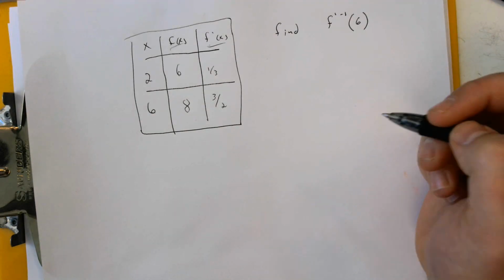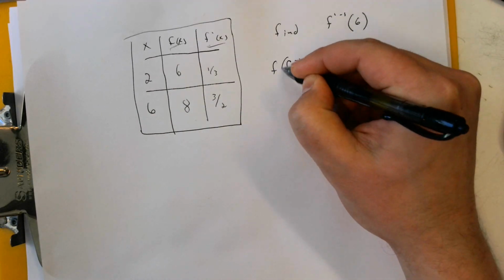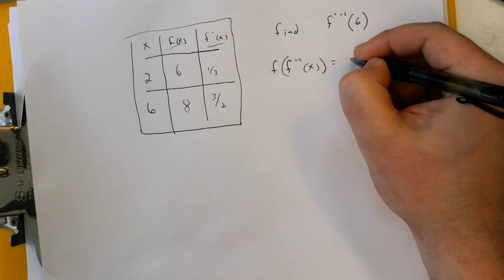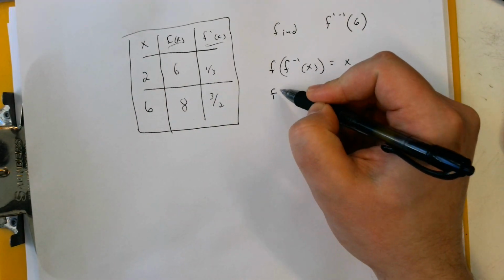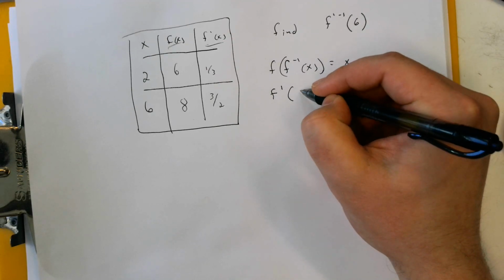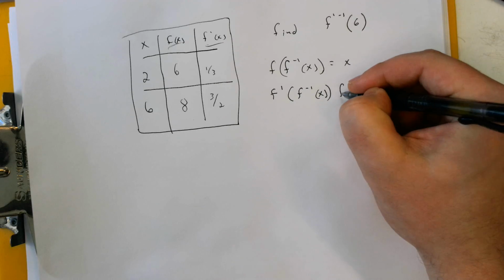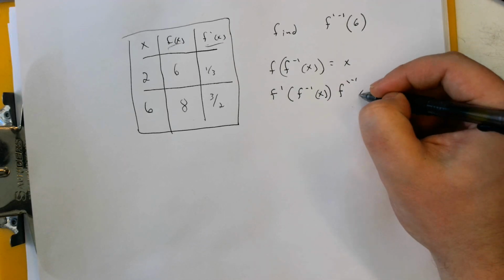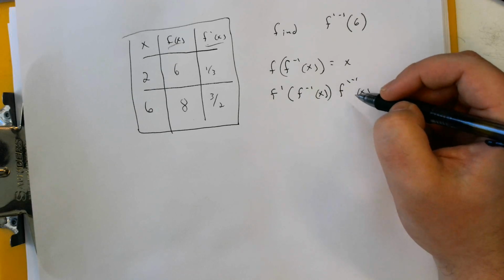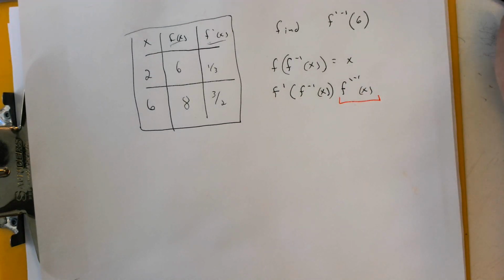I don't remember my inverse formula, but I do remember that f of f inverse of x equals x, always. So now let's apply d dx to each side, of f of f inverse of x, which gives f prime of f inverse of x times f inverse prime of x. I'm probably wording that wrong; someone will surely tell me that I'm wrong on that.